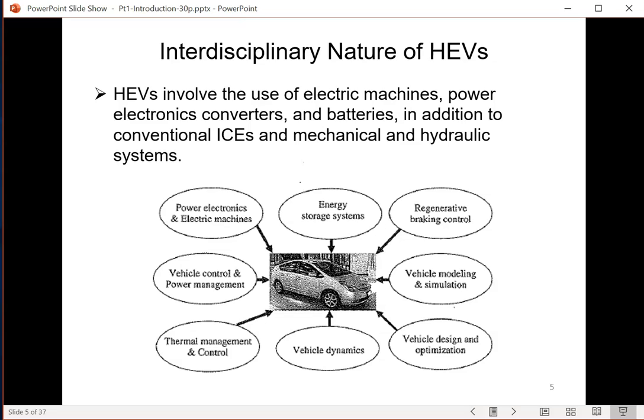Typically you would see things like electrical machines, power electronics, batteries, and in addition to conventional ICEs or mechanical hydraulic systems, they can also be present in a hybrid vehicle depending on the vehicle configuration. So it's highly interdisciplinary because it involves not only the mechanical system, but also electrical systems. A lot of different topics that you need to be familiar with.